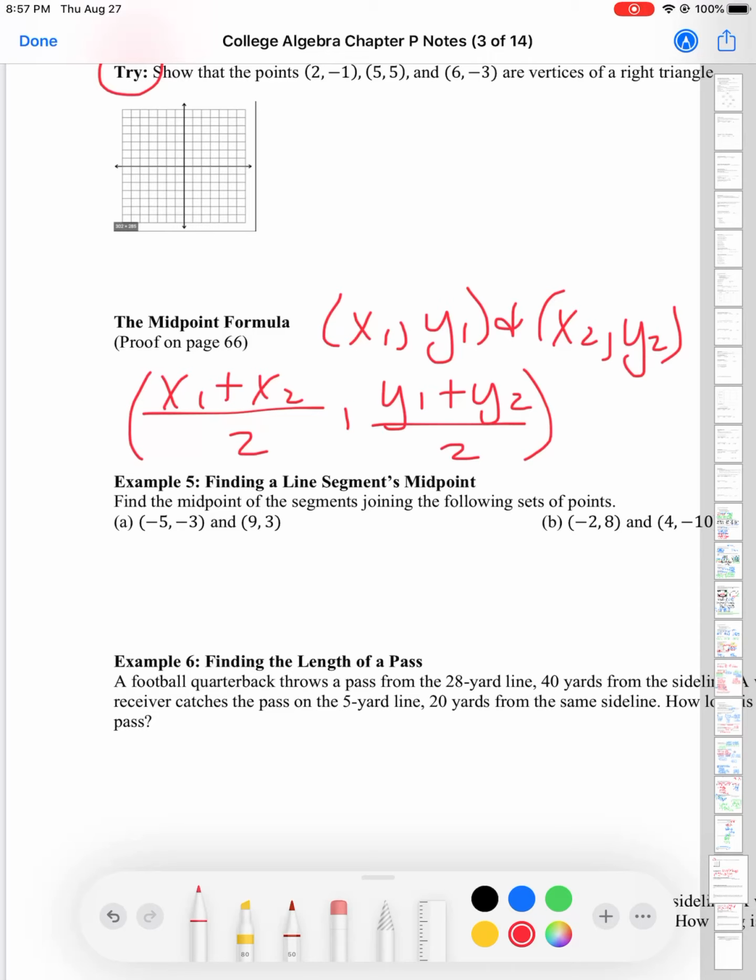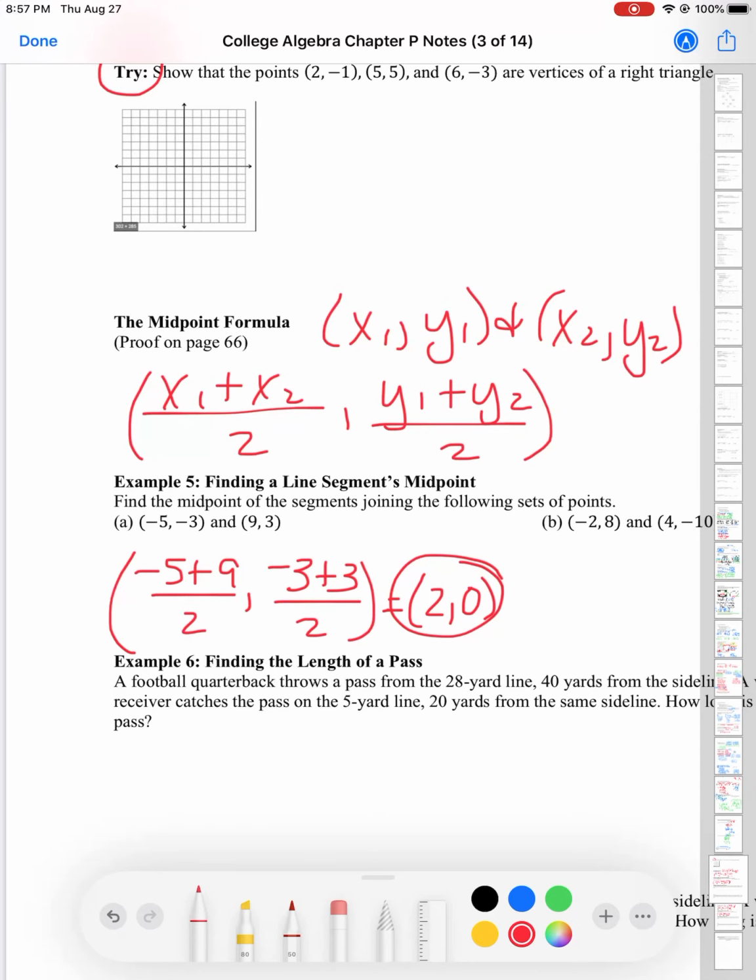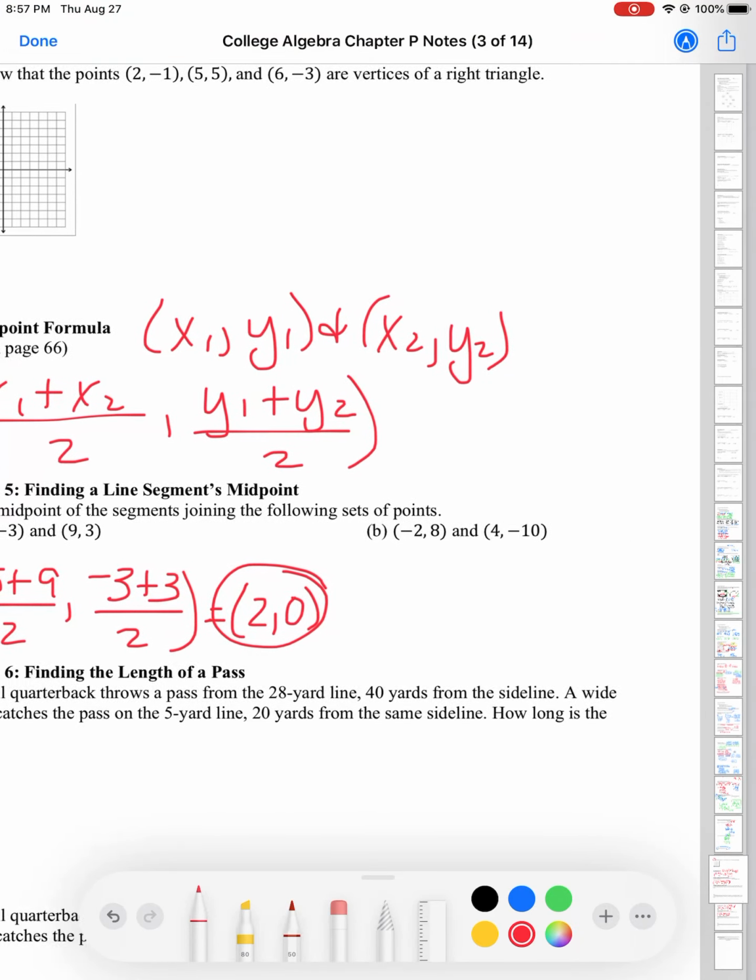It's like we're averaging the x values and averaging the y values. So, negative 5 plus 9 divided by 2, negative 3 plus 3 divided by 2. This is 4 divided by 2, which is 2, and 0 divided by 2, which is 0.